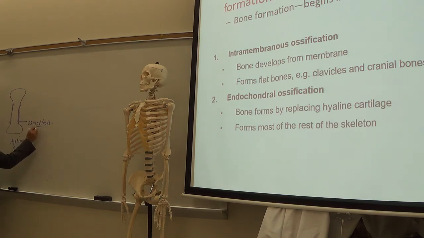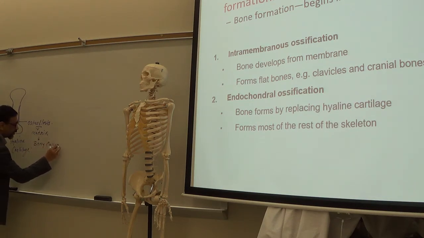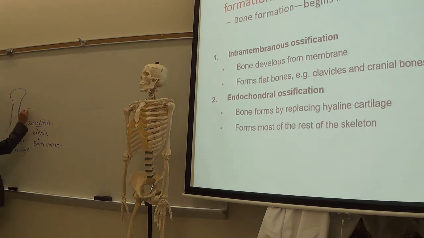So osteoblasts will secrete matrix here, and that will form the bony collar around the shaft of the cartilage. So this is the collar.